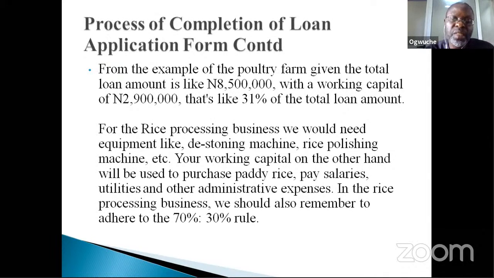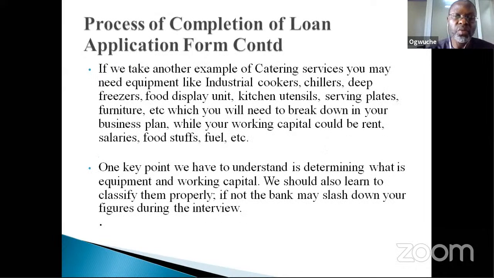That will take 70% of the amount you are requesting. Your working capital, on the other hand, will be used to purchase paddy rice, pay salaries, utilities, and administrative expenses. That will take 30% of the loan. So that is something that we need to differentiate.